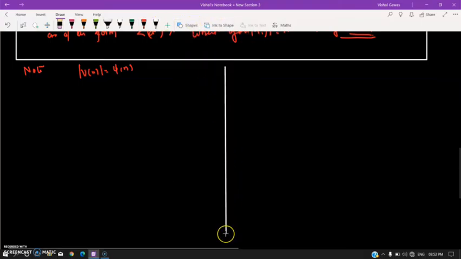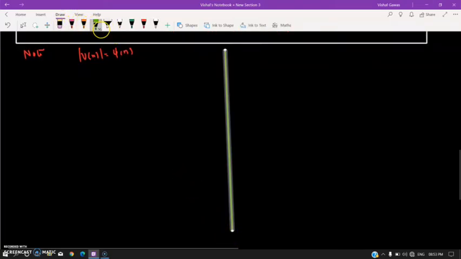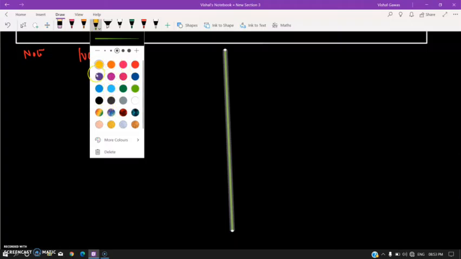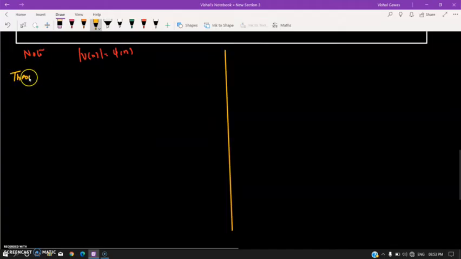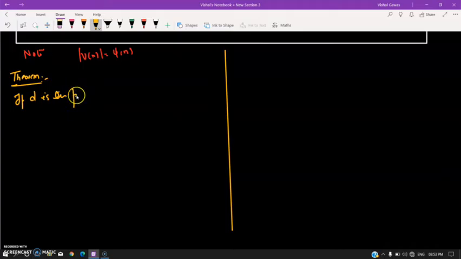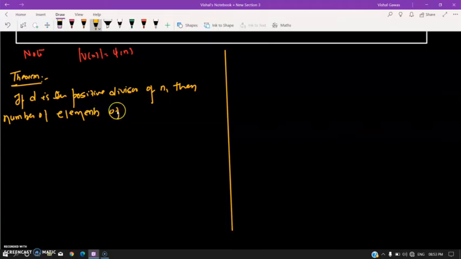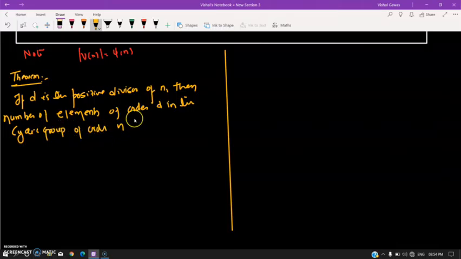If d is a positive divisor of n, then the number of elements of order d in the cyclic group of order n is phi of d.